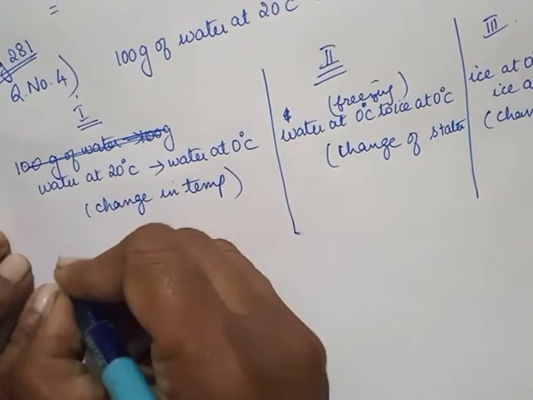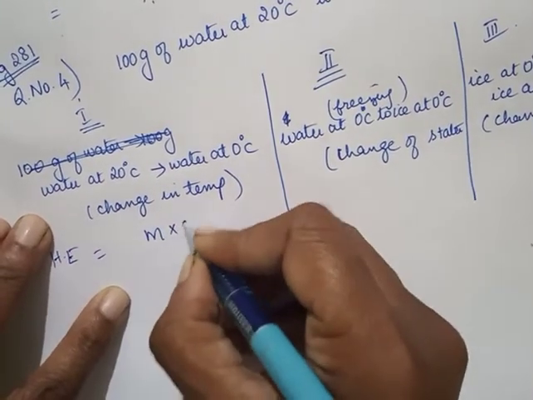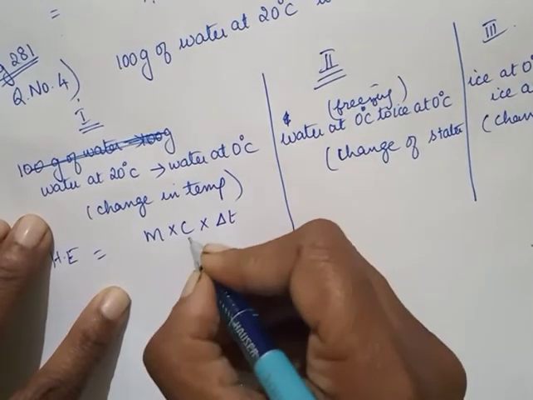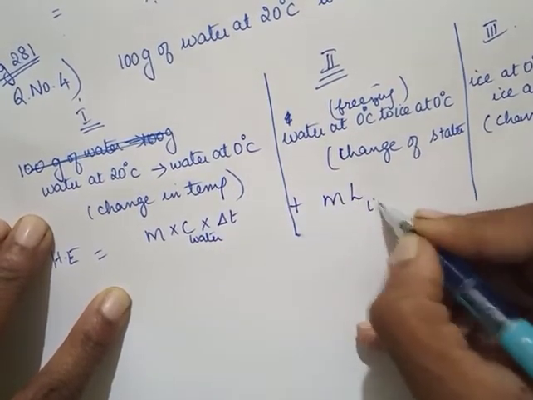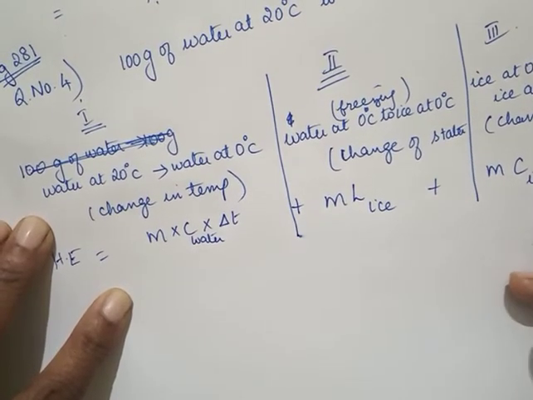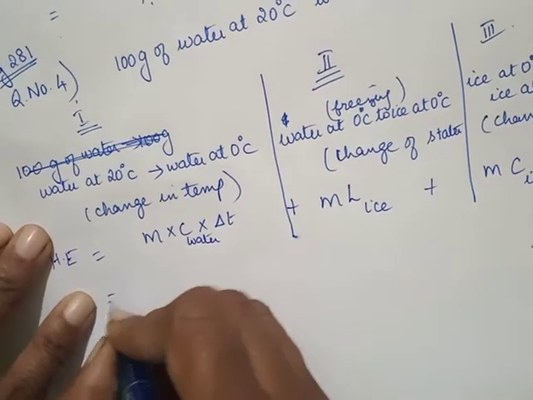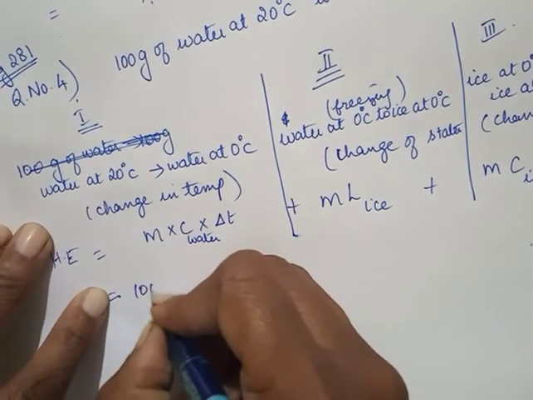So this will be heat energy given out. M into C into del T. Again here it will be M C of water plus M L of ice plus M C of ice into del T. Mass is 100 gram.